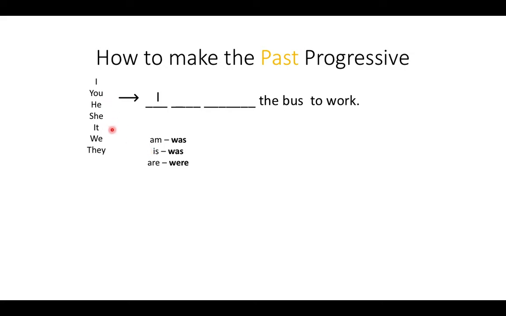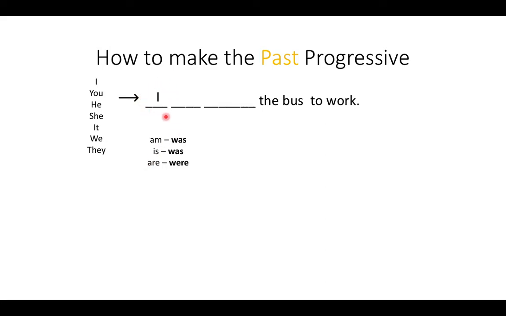He is, she is, it is. And we and they use are. We are, they are. And remember, to make it past, we change am, is, and are to was or were. So I am becomes I was. You are is you were. And he is changes to he was or she was or it was.